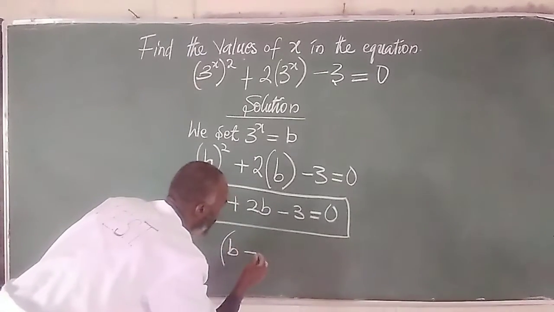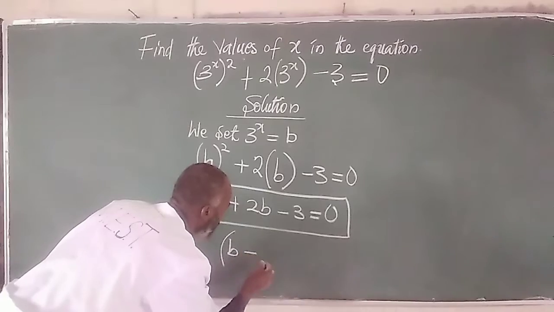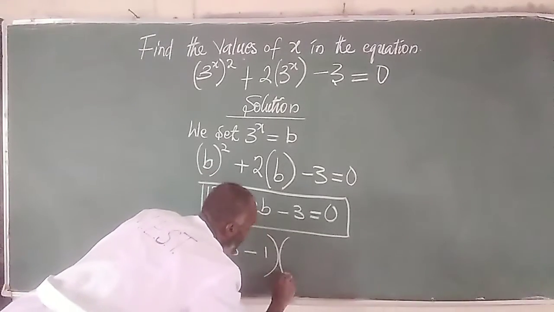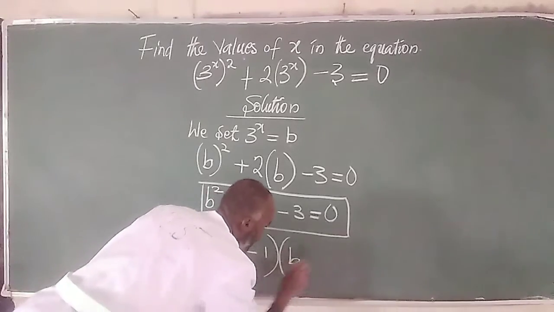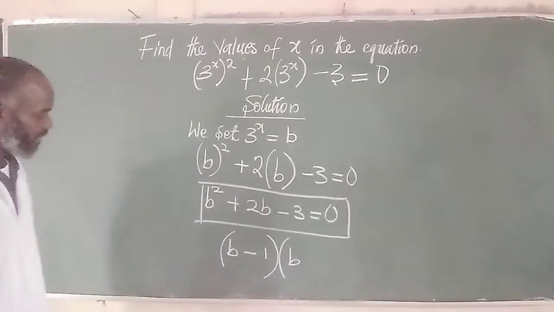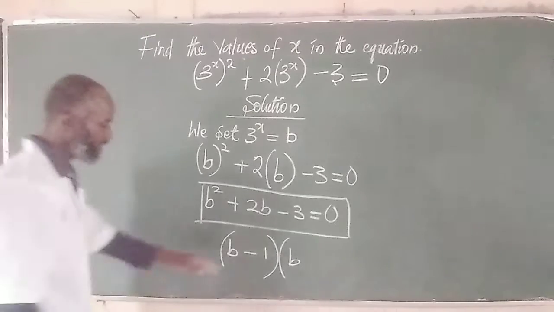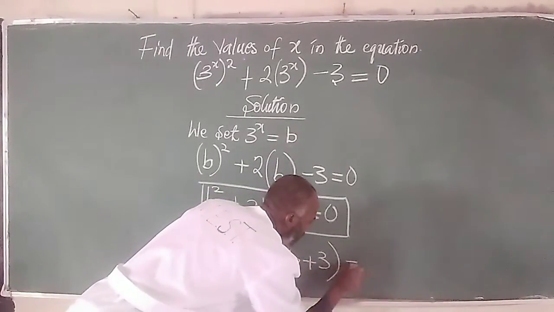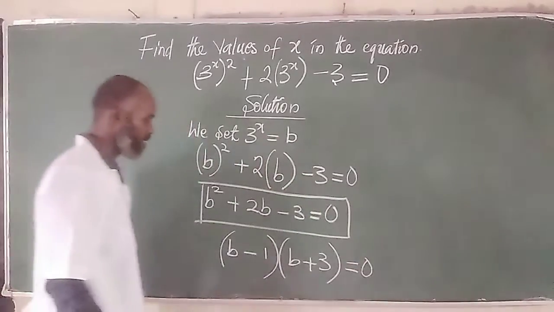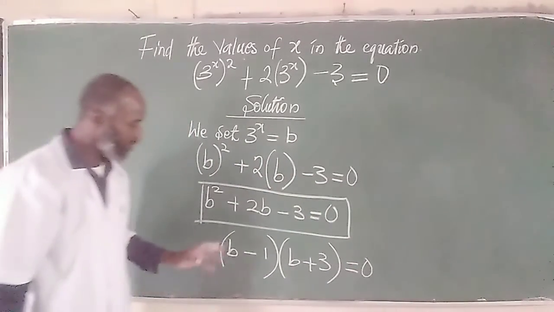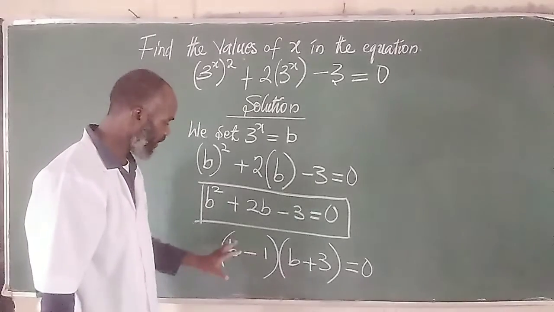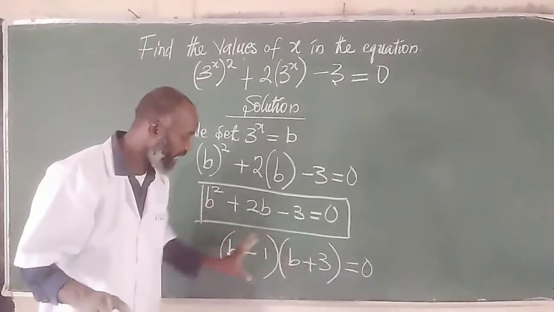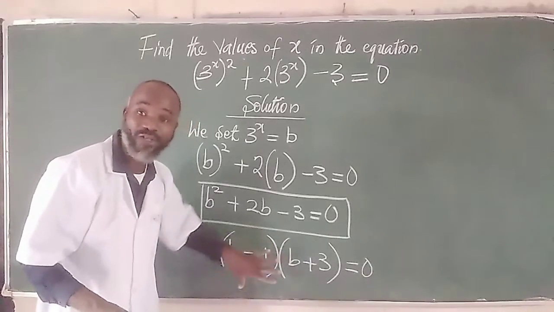We have maybe b minus 1, brackets close, open again, b again, plus 3, all equal to 0. Let's cross check and see if our factorization approach is correct.